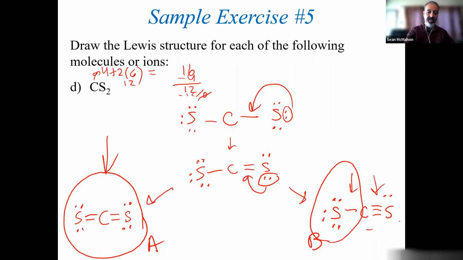It's not favorable to have 3 bonds and 1 lone pair for a group 6A element. That's why A is preferred. But again, it's still a valid Lewis dot structure because the octets are satisfied. I'm just telling you that this is the preferred structure, and it's balanced. It's got 2 bonds on both sides.